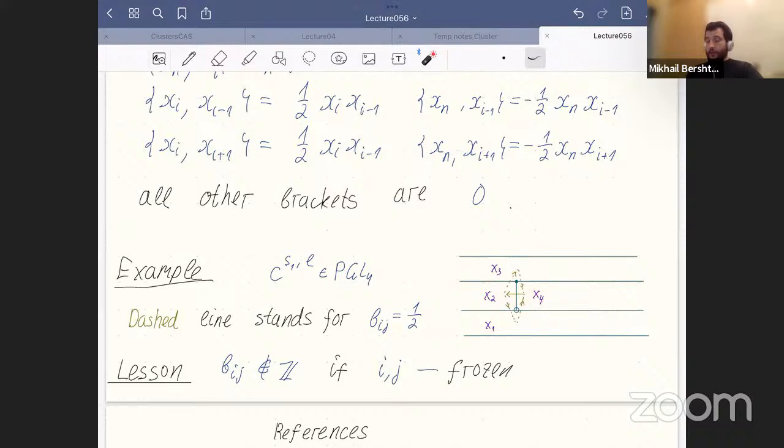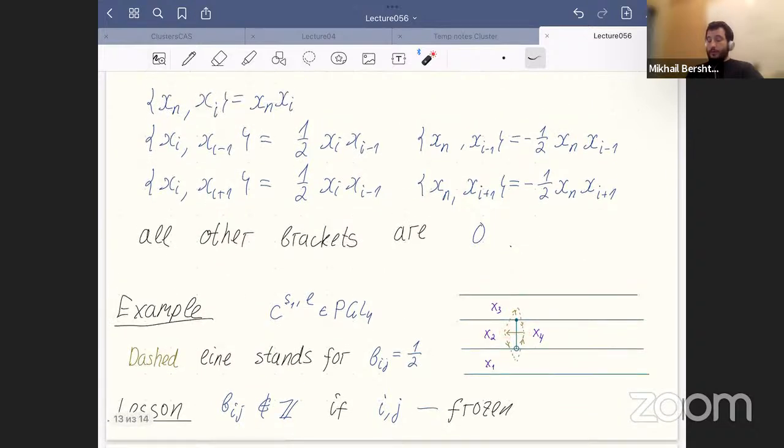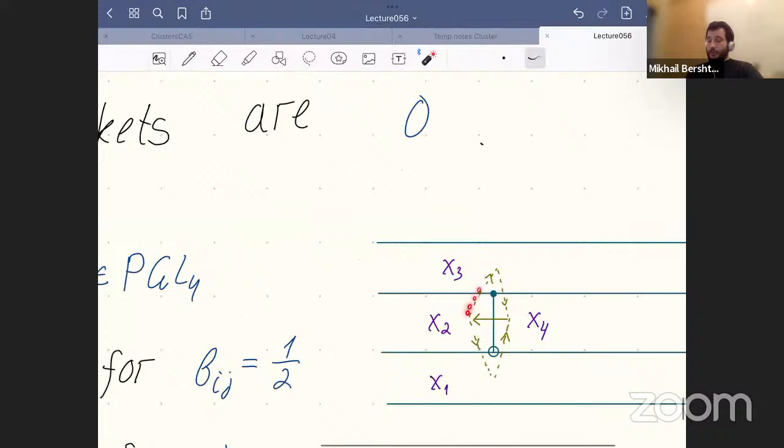Then, according to our rule, we have an arrow from x4 to x2, and this arrow corresponds to coefficient 1 here. Also we have two oriented triangles, but these two triangles are dashed. It means that the corresponding elements of the matrix B are halves. On this edge, these halves add up to one.